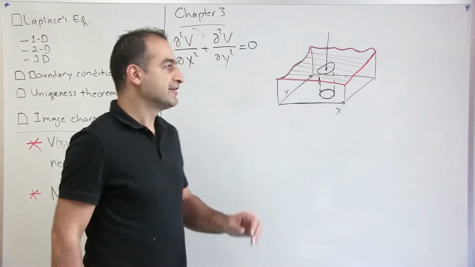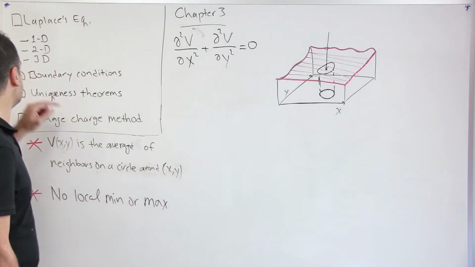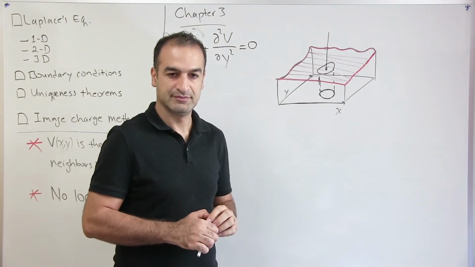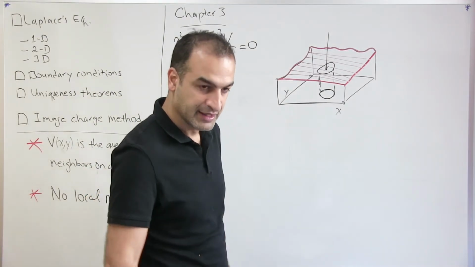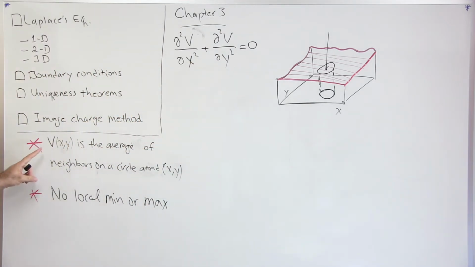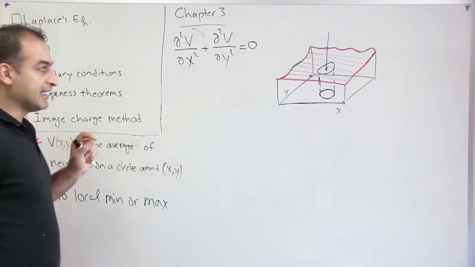If there are no questions so far, I'm going to move on to the three-dimensional case. The first characteristic that we said is that any point is the average of the neighboring points.